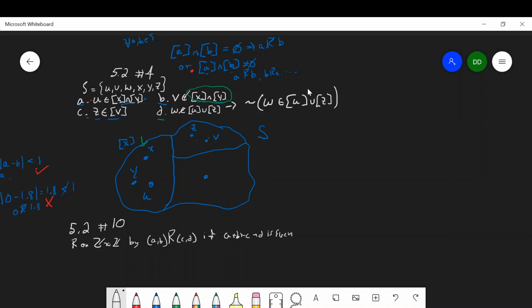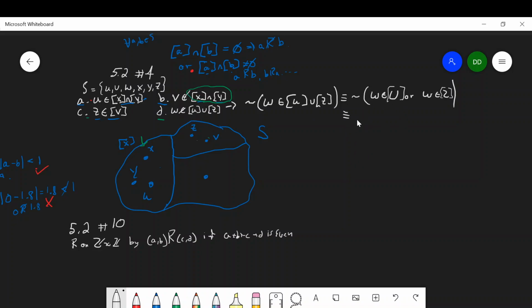So this is equivalent to W not in U or W in Z, the equivalence class containing U. Now we can apply De Morgan if we're wondering what exactly it means to say that something is not in the union of two sets?